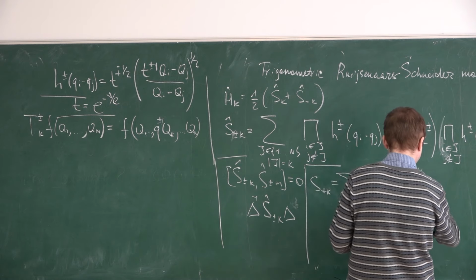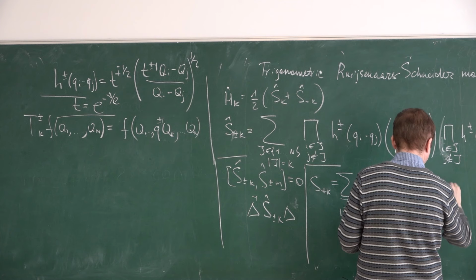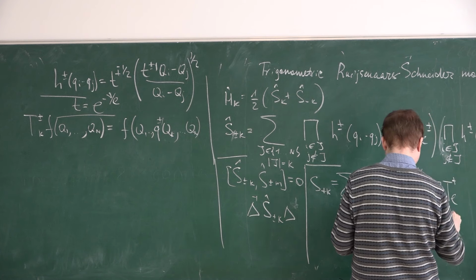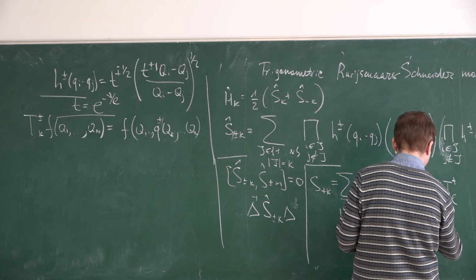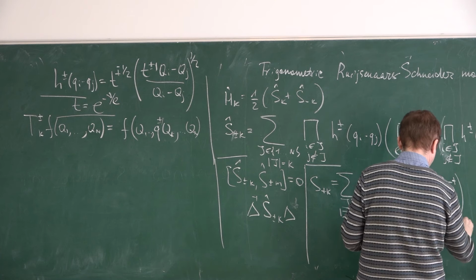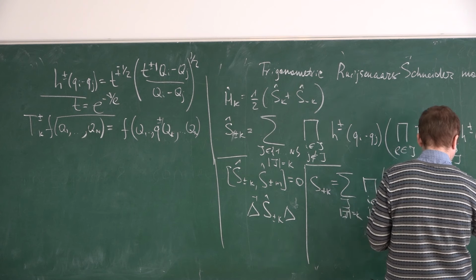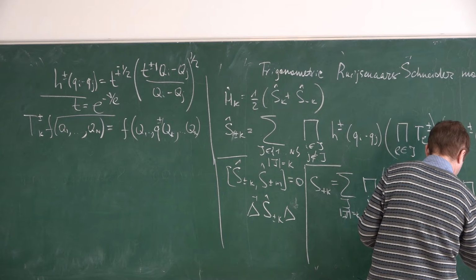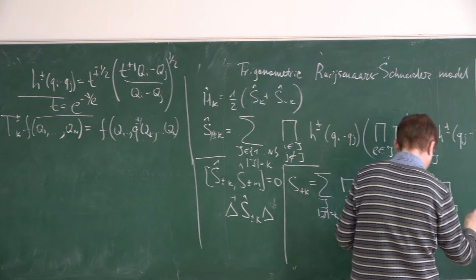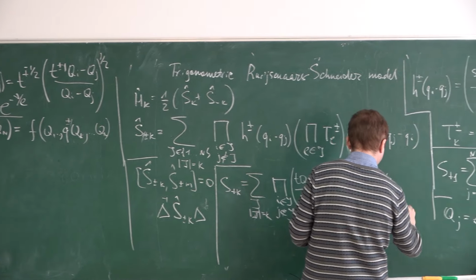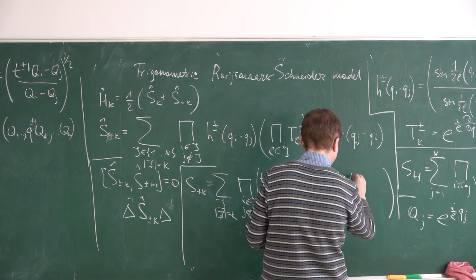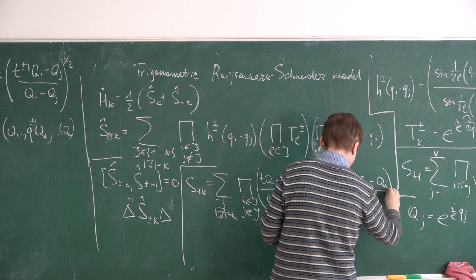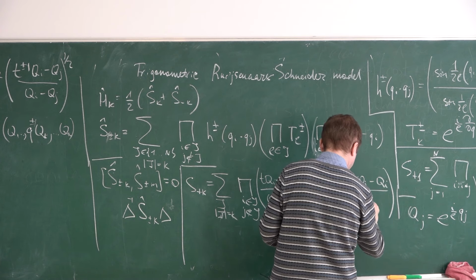Then we have a set of shift operators, T_{q_l,+}, where l belongs to J. And finally, we have again a product of these functions H, which are in fact written as given here.